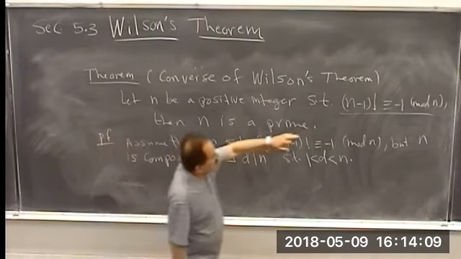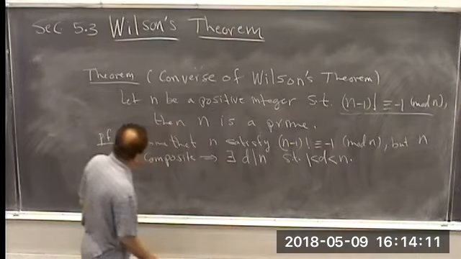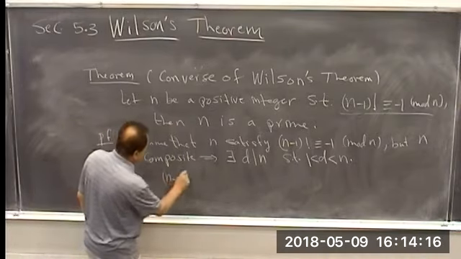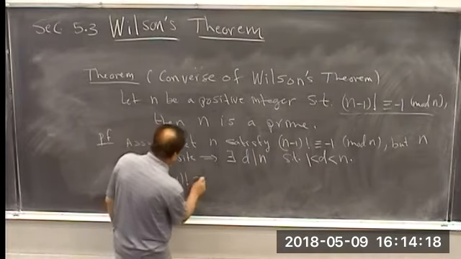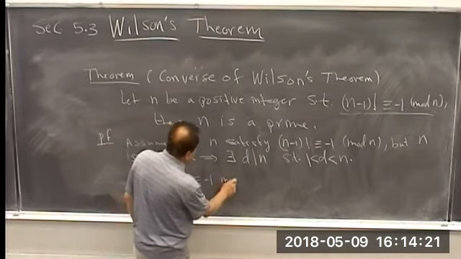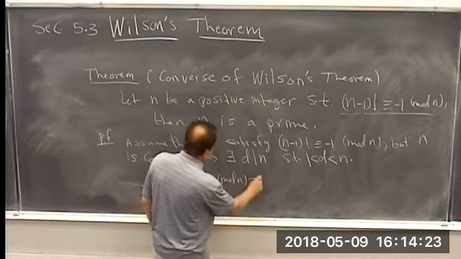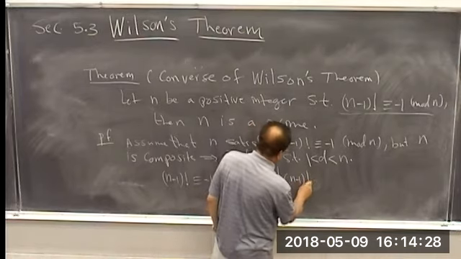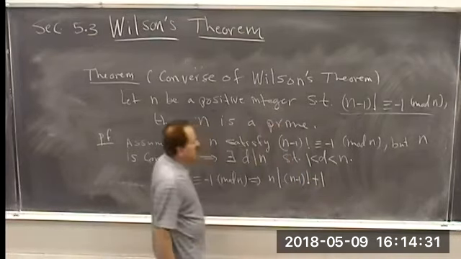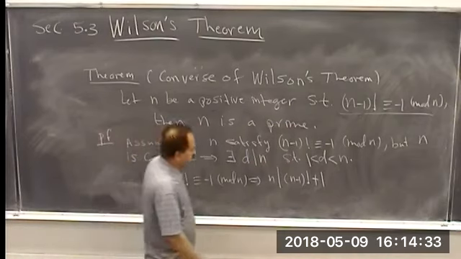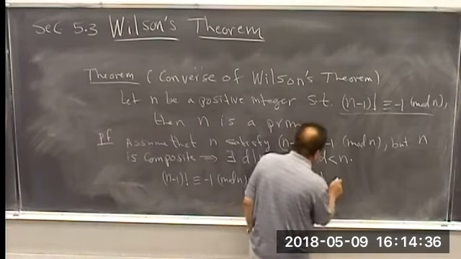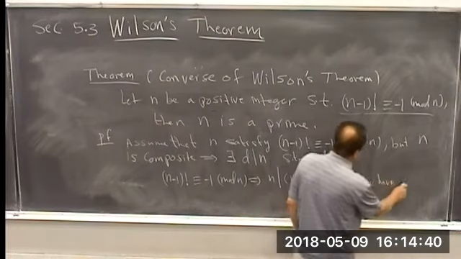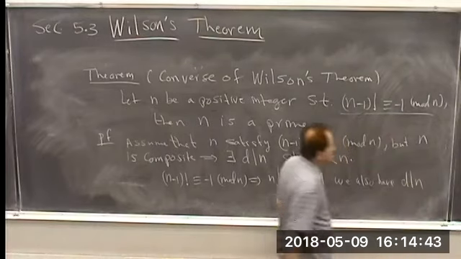Now, this congruence we can write as a divisibility condition. We have n minus 1 factorial is congruent to -1 mod n, which implies n divides n minus 1 factorial plus 1. We also have d divides n.